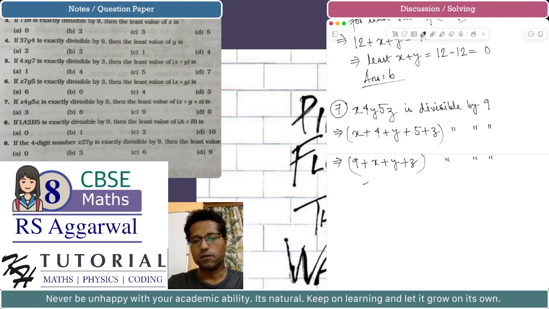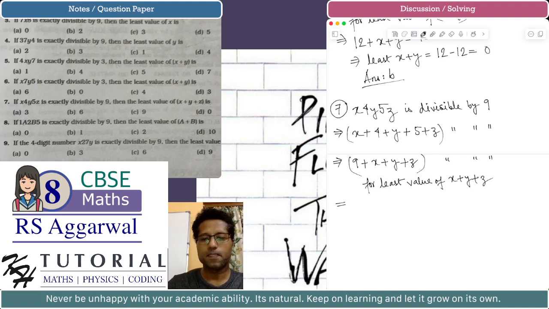Now for the least value of x plus y plus z, since 9 is divisible by 9, we must have 9 plus x plus y plus z equal to 9 for the least value of x plus y plus z.